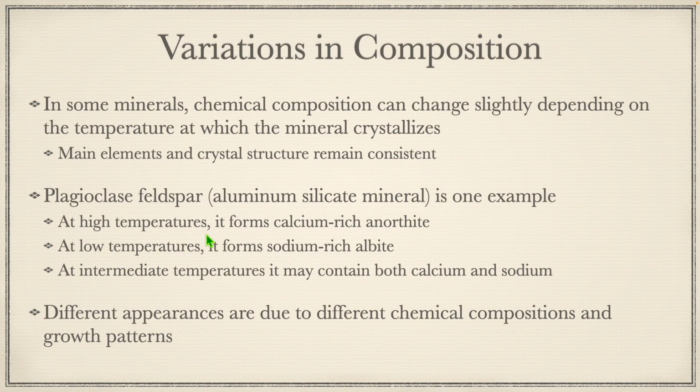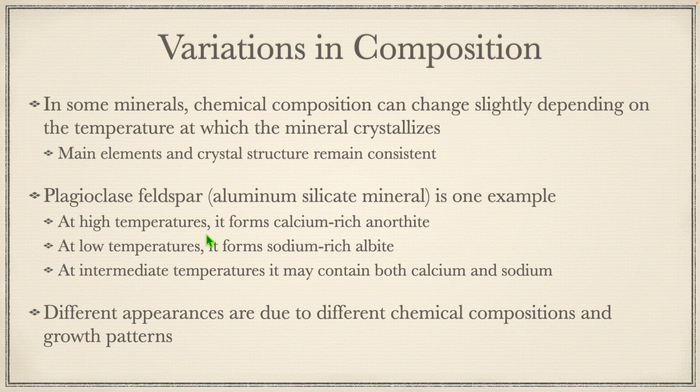Now, variations in composition. So in some minerals, chemical composition can change slightly depending on the temperature at which the mineral crystallizes. So the main elements and the crystal structure remain consistent, but there are slight variations in that. So for example, plagioclase feldspar, which is an aluminum silicate mineral, so it's got aluminum, silicon, and oxygen in it.